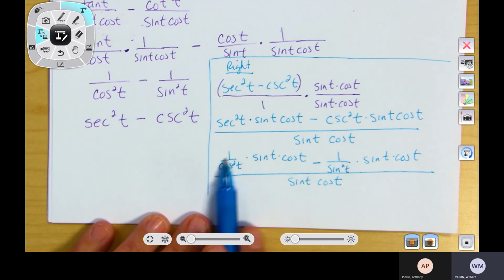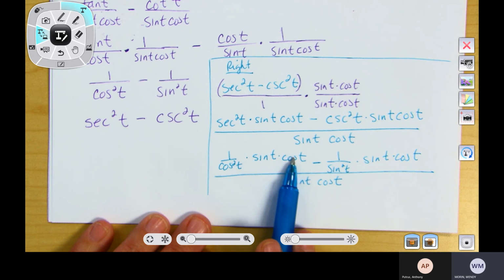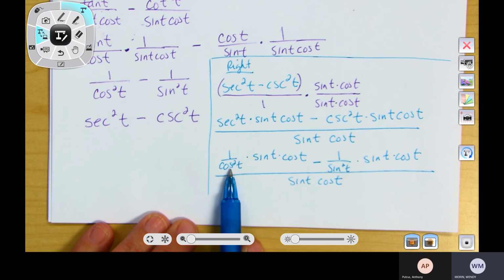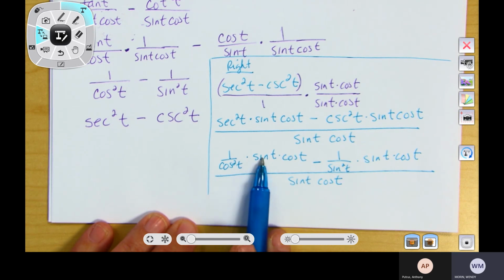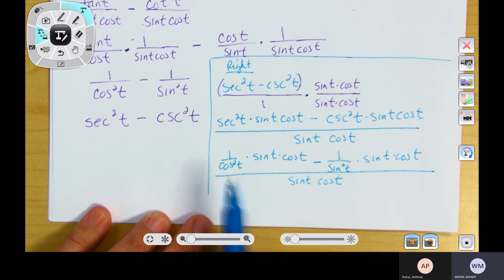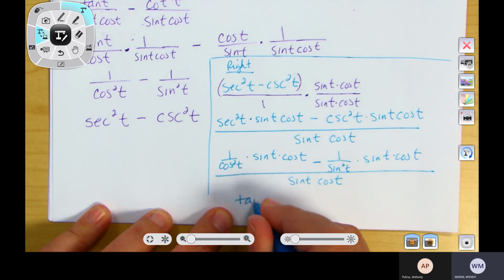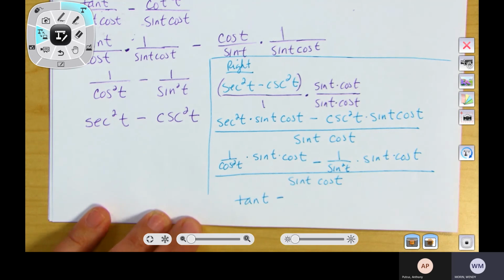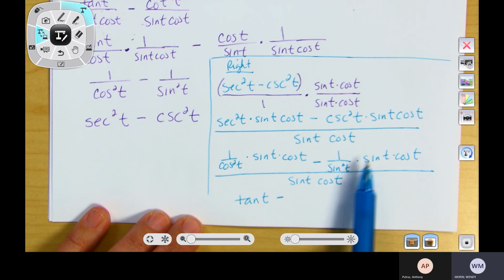Let's work on this one. What do you see? This cosine cancels one of these, and what's left? Sine over cosine, which is tangent. How about this? What cancels over here? Sine cancels one of these. What's left?